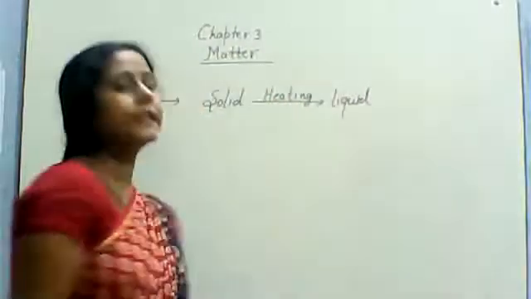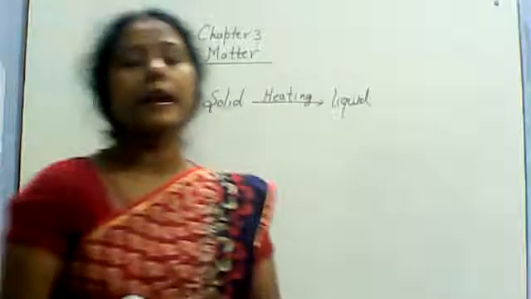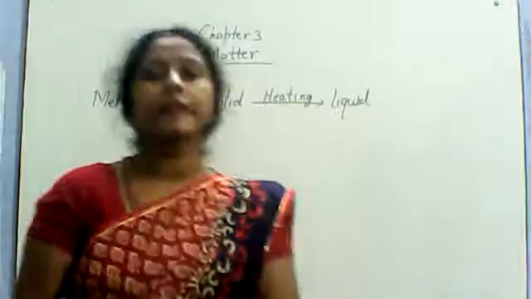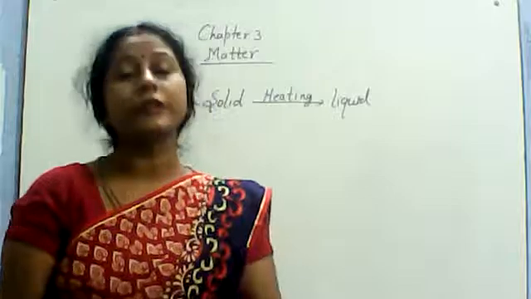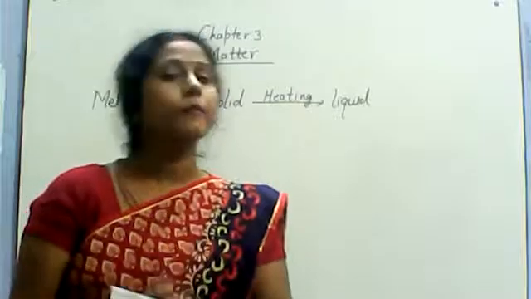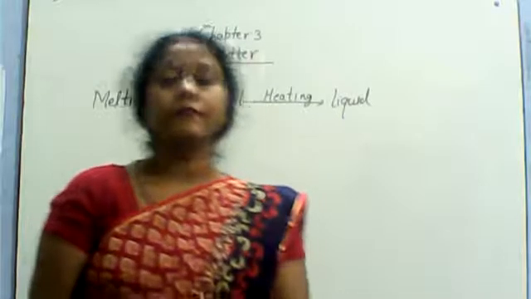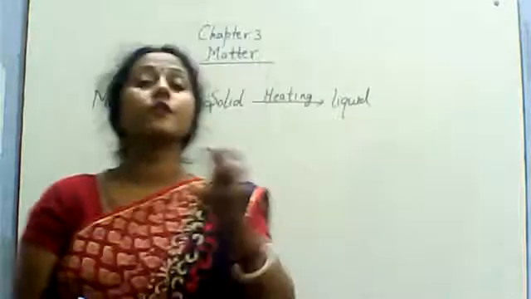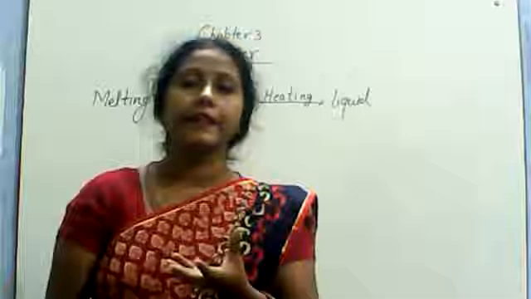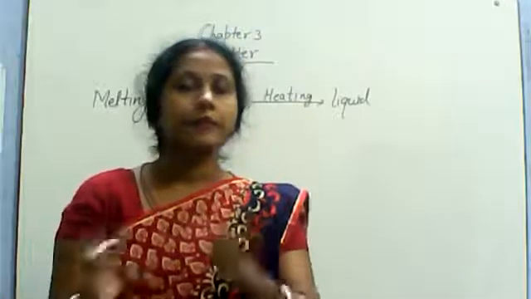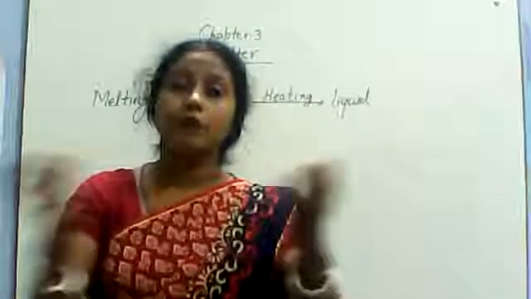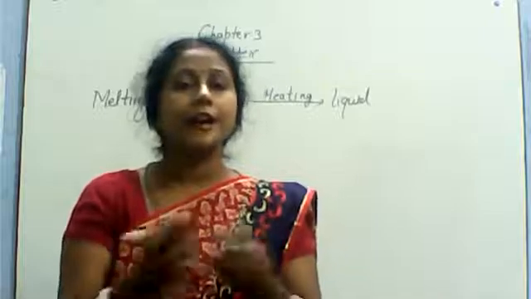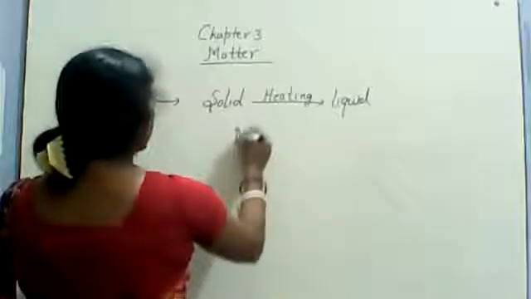When a solid gains some heat and changes into liquid at a constant temperature, it is called melting. For example, if we take ice out of the fridge, it starts melting outside. At a constant temperature, it absorbs some heat from the atmosphere and starts melting. This is called melting, and that constant temperature is called the melting point.